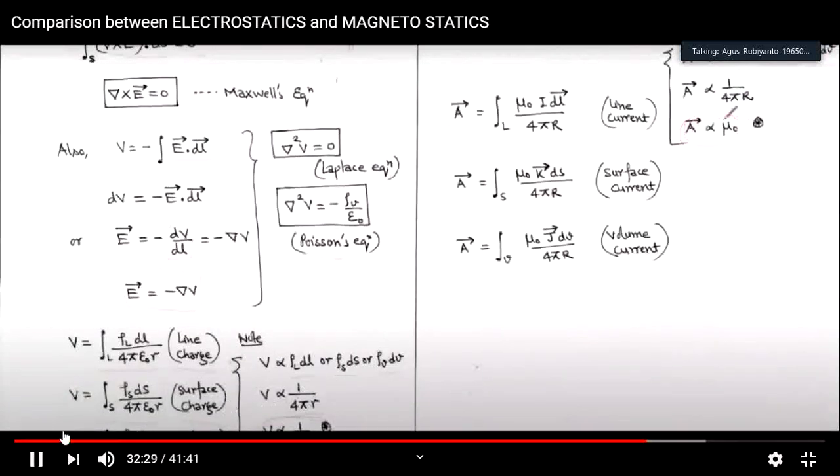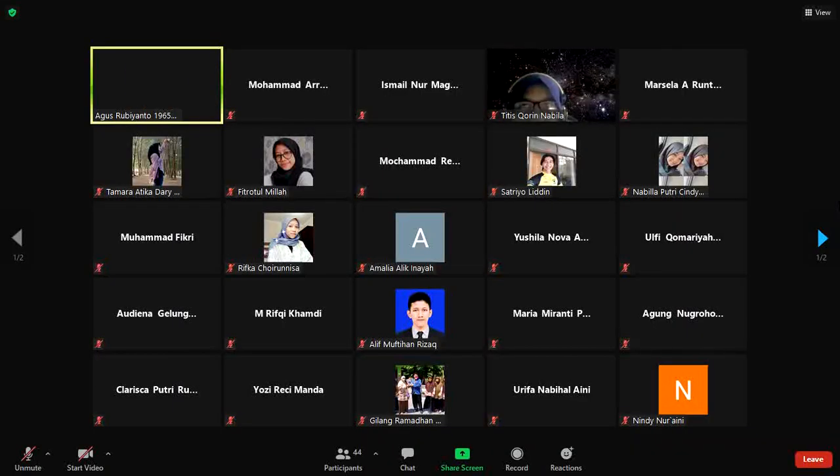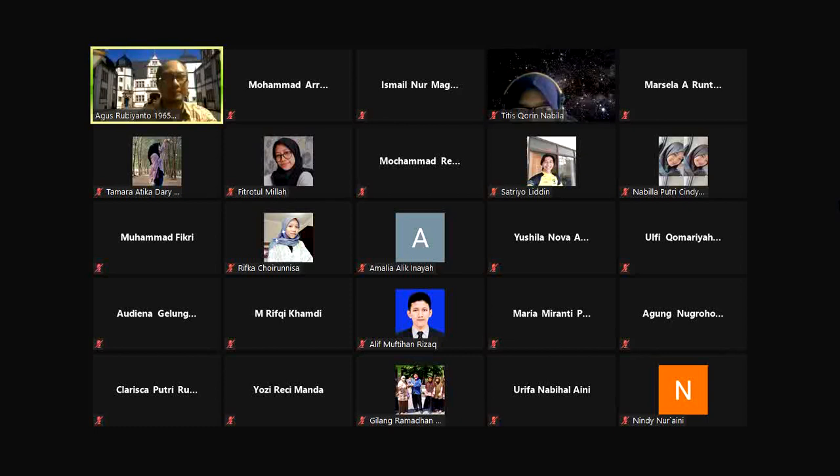Kalau yang magnetic vector potential, kalau potensial listrik itu permitivitas ya, sedangkan di magnet itu permeabilitas mu0. Kebetulan di Medan Elektromagnetika 1 ini kita bahas masih di hampa ya, belum ke material.